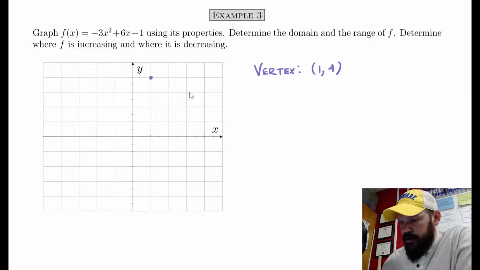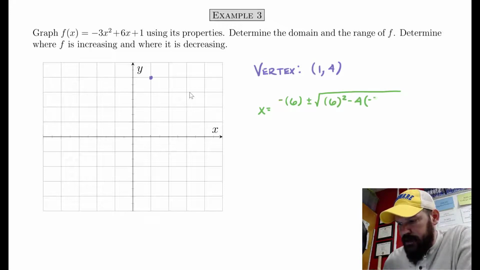So let's use the quadratic formula. We get x equals the opposite of b, which happens to be 6, plus or minus the square root of b squared minus 4 times a times c, all over 2 times a.